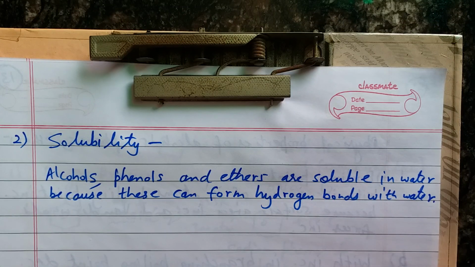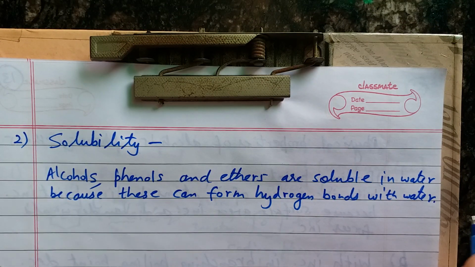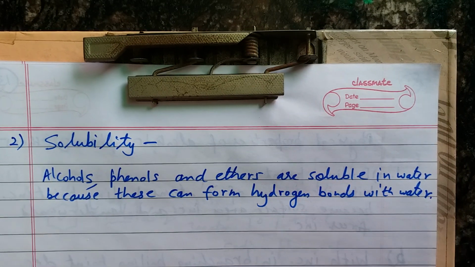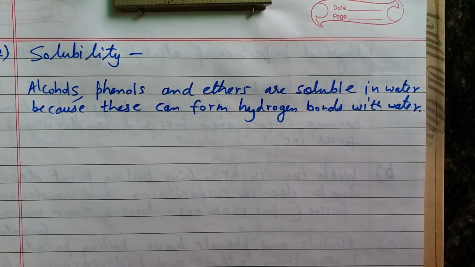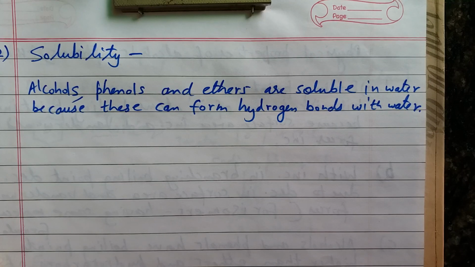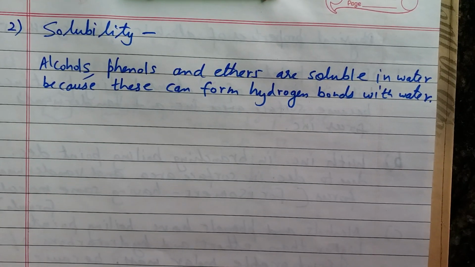If an organic compound is able to form hydrogen bonds with water, it will be soluble in water. And alcohols, phenols, and ethers, all three are capable of forming hydrogen bonds with water. So they are soluble in water, all of them. Let me show how they form hydrogen bonds with water.